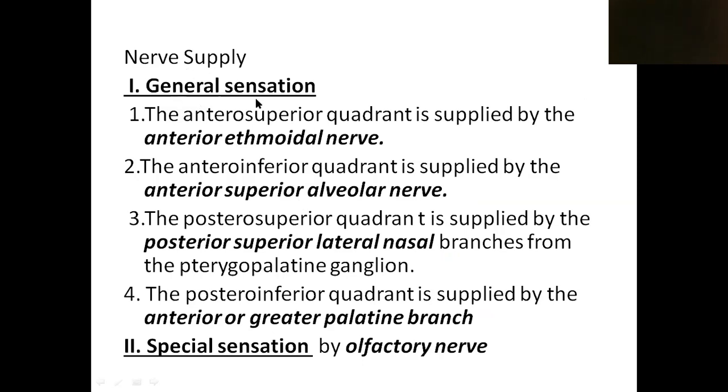Now nerve supply. First, general sensation, meaning touch, pain and temperature, from this lateral wall. Antero-superior compartment, anterior ethmoidal nerve. Antero-inferior compartment, anterior superior alveolar nerve. Then postero-superior compartment, posterior superior lateral nasal branch, from the postero-superior part of the lateral wall of the nasal cavity. It's easy to study. That's why it's known as the posterior superior lateral nasal branch of the pterygopalatine ganglion. The postero-inferior is the greater palatine branch that you already had.